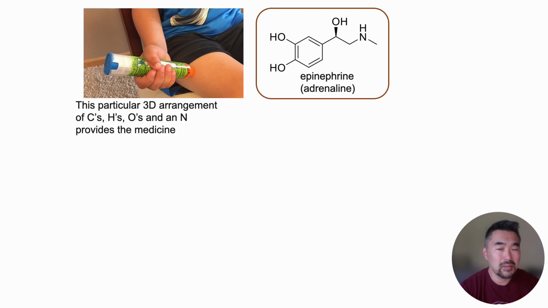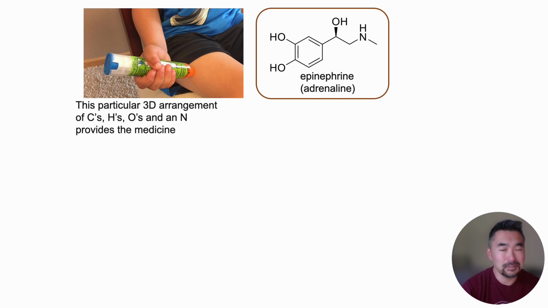I just want you to be thinking about this. It's this very specific, particular 3D arrangement of carbons, hydrogens, oxygens, and nitrogen that provides this medicine. If you arrange these four elements in any other way, you cannot expect to see the same or even a similar effect at all.